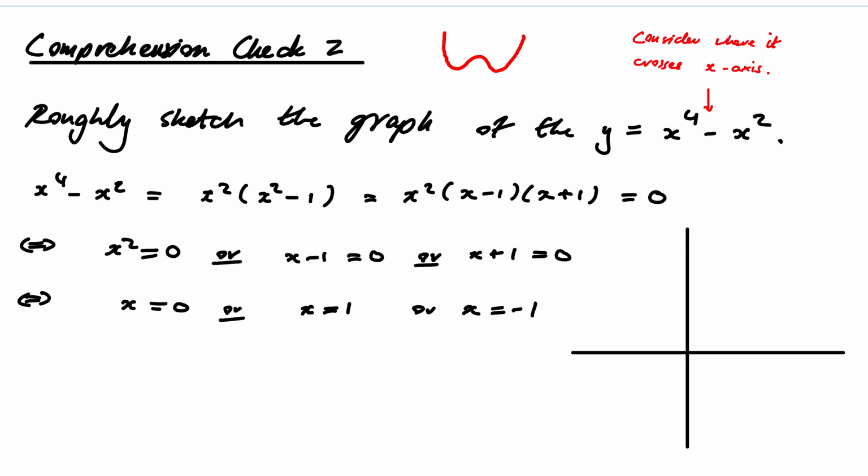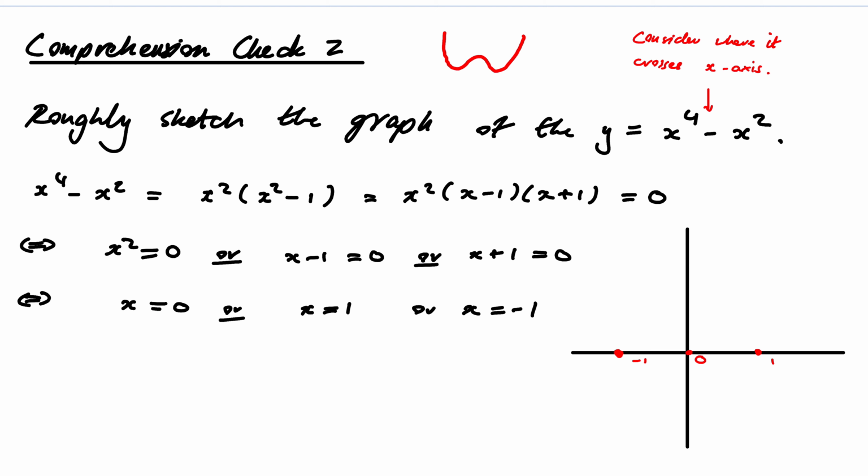So what are we saying? Well, we've got 3 points where we're going to touch the axis. There, there, and there, let's say. This is going to be 0. Oh, what am I saying? This is minus 1, and it's 1 over here.